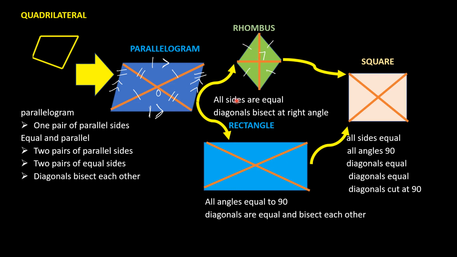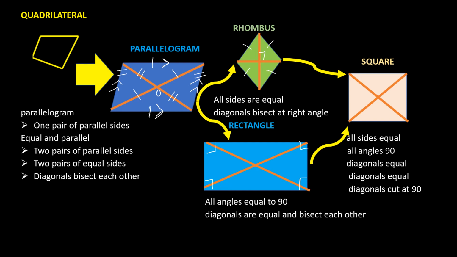Otherwise, the parallelogram will become a rectangle if you prove that all the angles are 90 degrees. Or you can prove it by showing that the diagonals are equal.